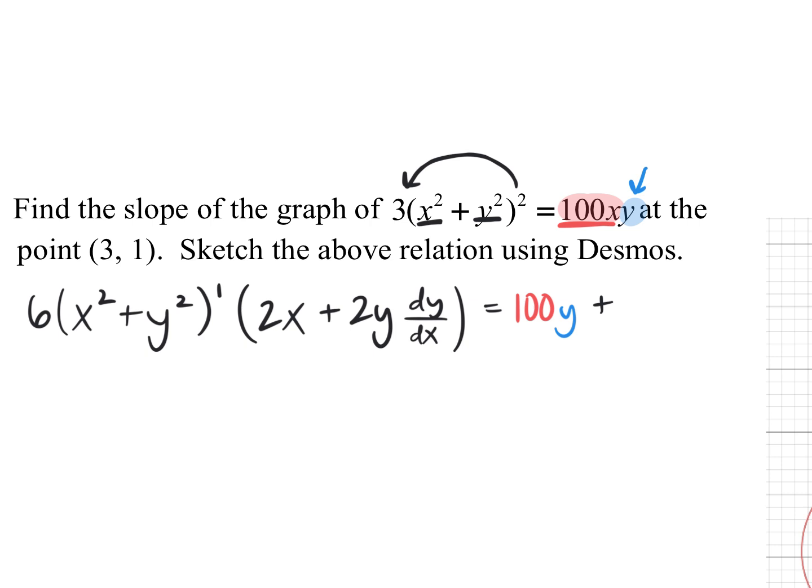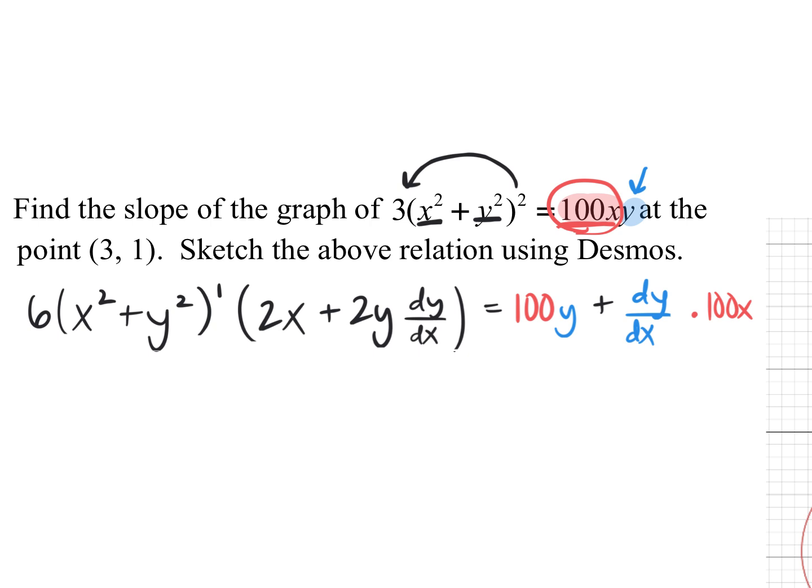Well, with respect to x, it would be dy dx. And then I'm going to times it by my original first function here, which is the 100x. Okay, so you have to have that dy dx when you're taking the derivative of y. You're not alone. It's okay. Okay, looks a little gross, but are we okay there?